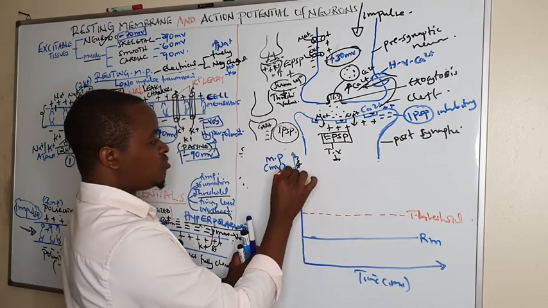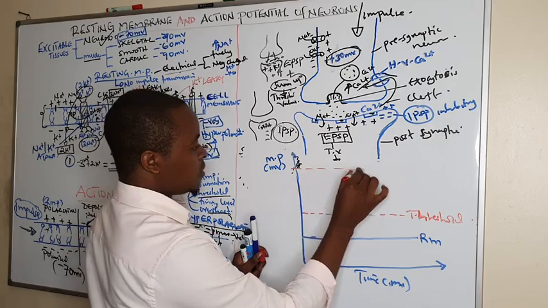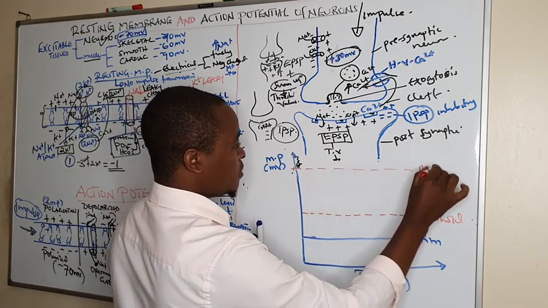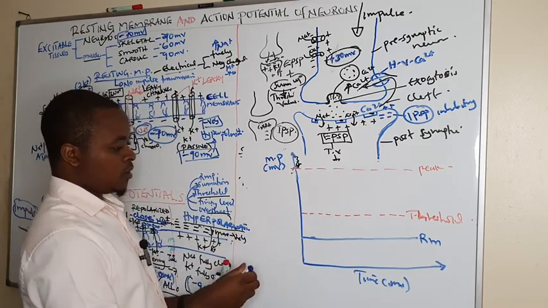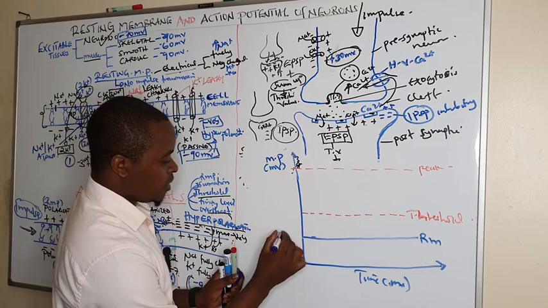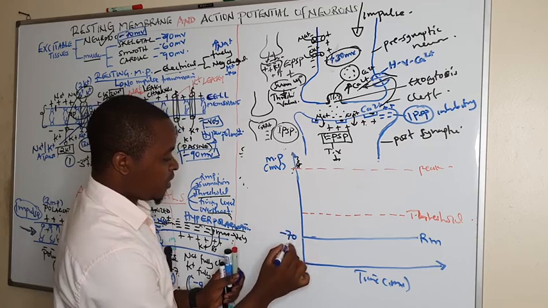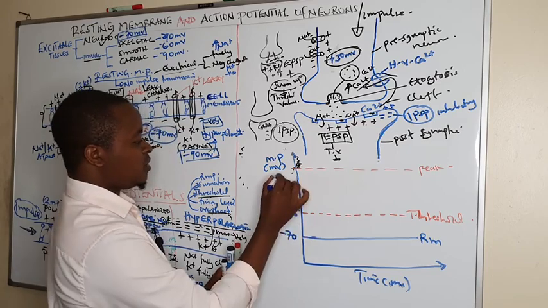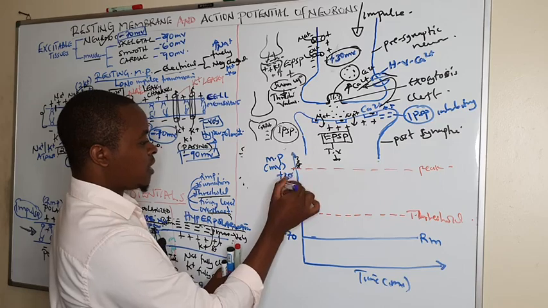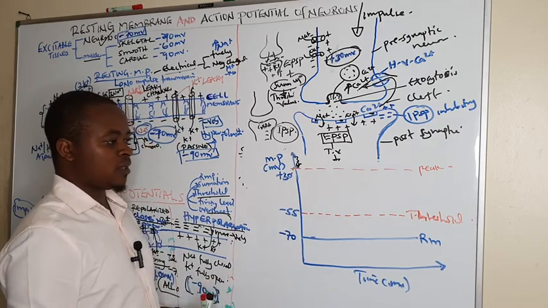Then this one is going to be the peak. And this one is at negative 70 millivolts. This one is at negative 55. This one is at positive 30 or 35 millivolts.